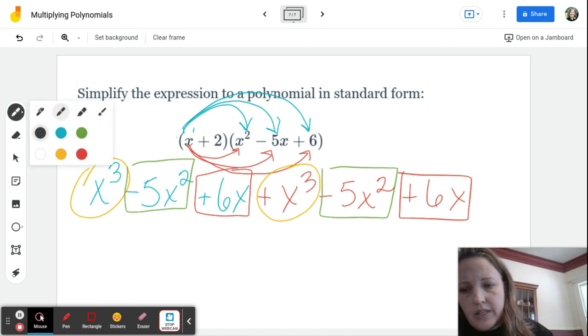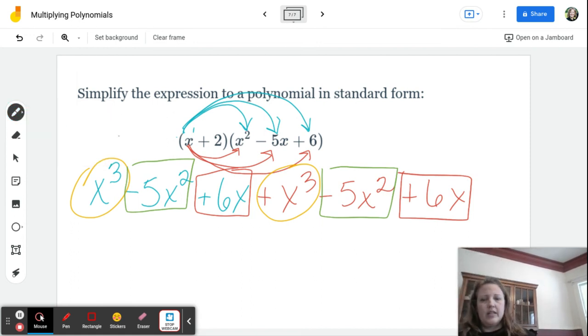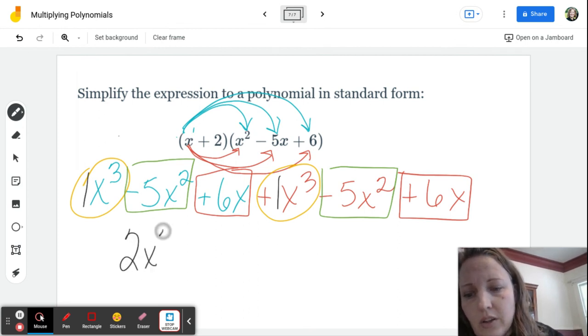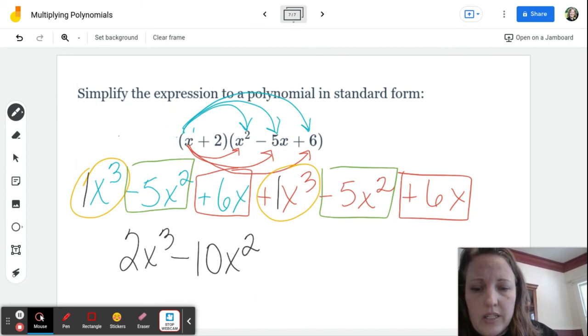Okay, so I'm going to go ahead and look at all my terms, and let's go in descending order. So this is a 1x to the third, or cubed, 1x cubed. That is 2x cubed. And then negative 5x squared plus a negative 5x squared is a negative 10x squared.